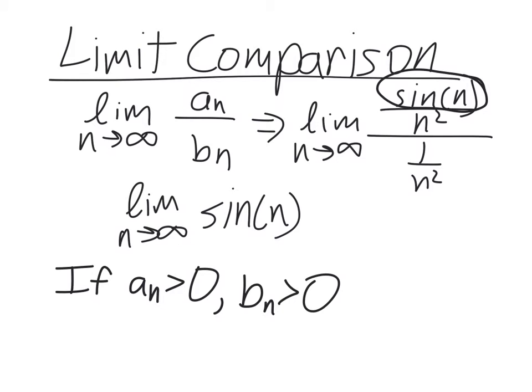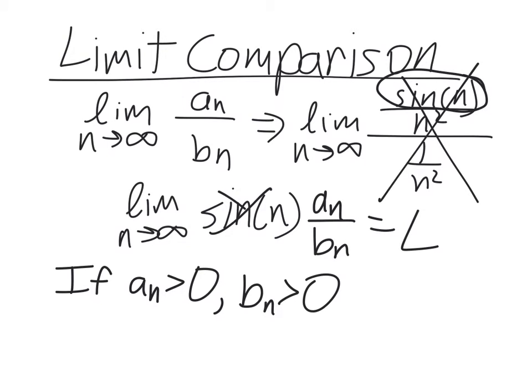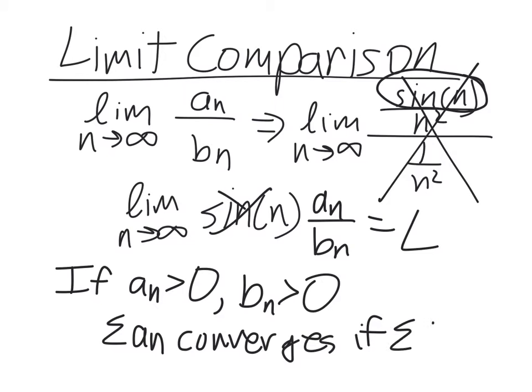So I'll just cancel that out. But if we do use this and find out the limit exists, is positive and finite, meaning does not go off to infinity, then the original series converges if the series we chose converges, and vice versa.